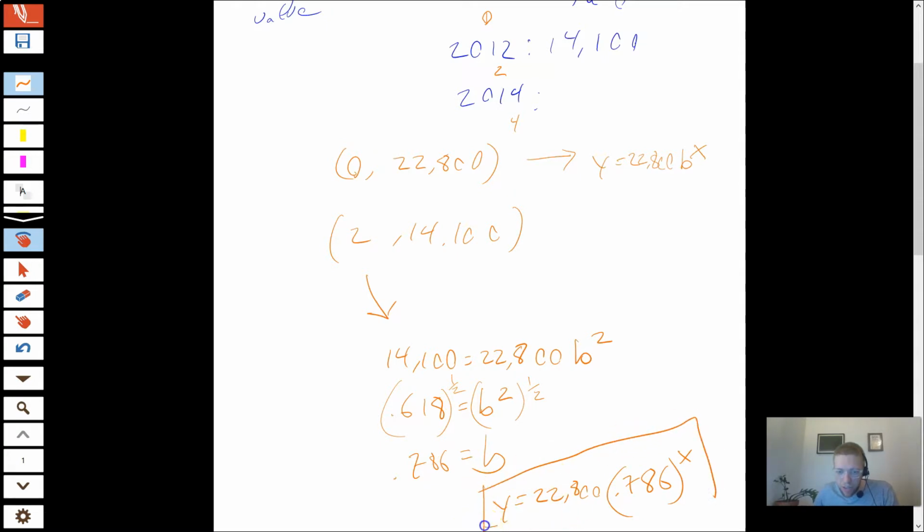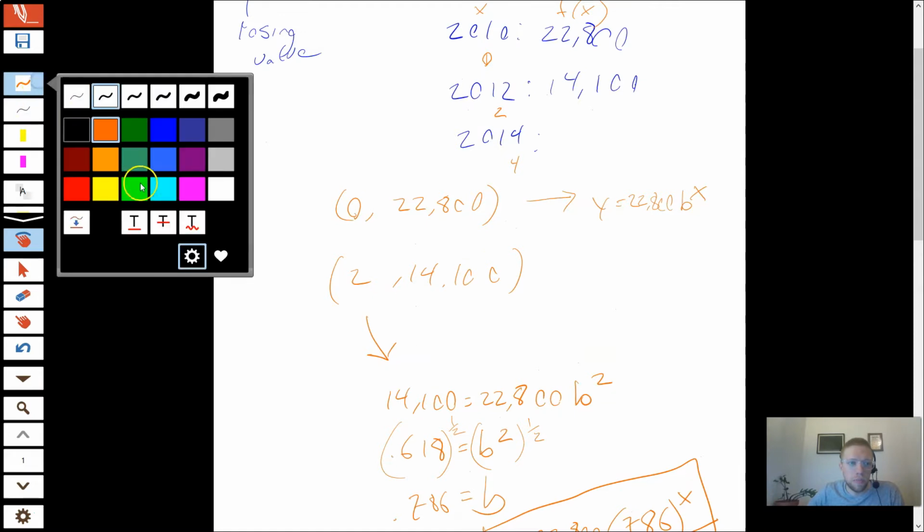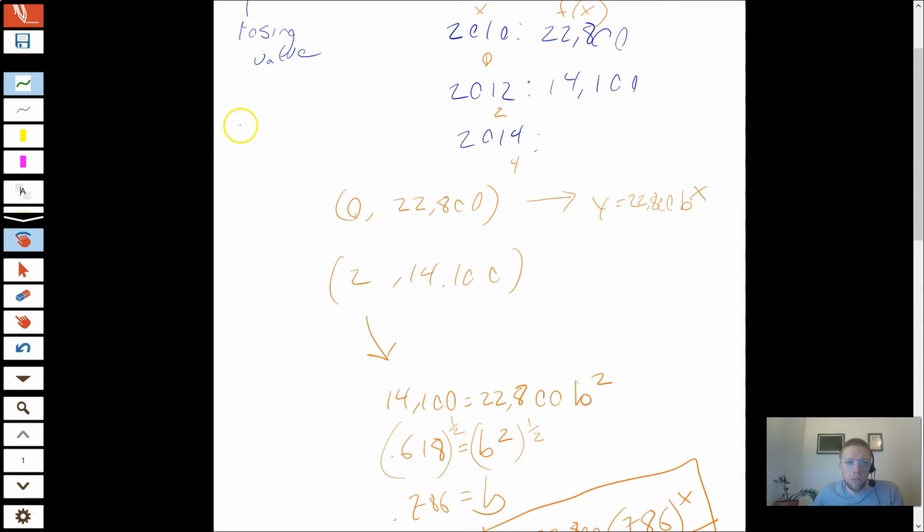And let's make sure we've answered the question. As I go back up and reread the question, oh, that's right, I wanted to know the price in 2014. So I'm going to take my model, y equals 22,800 times 0.786 to the x.